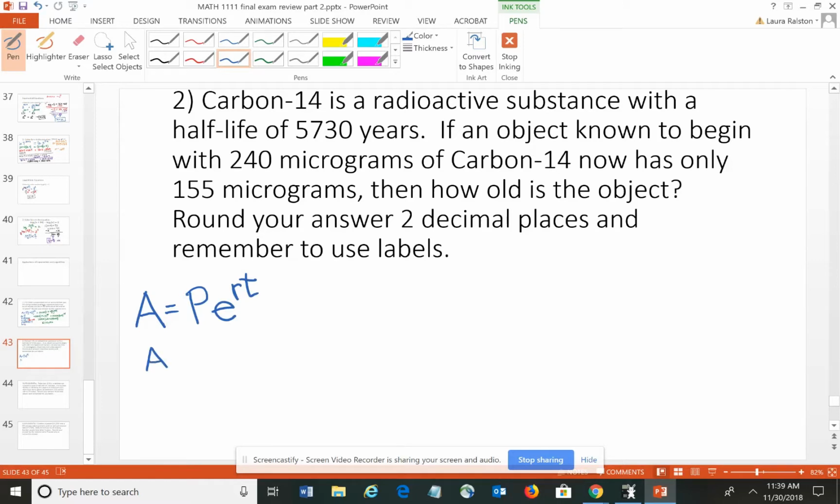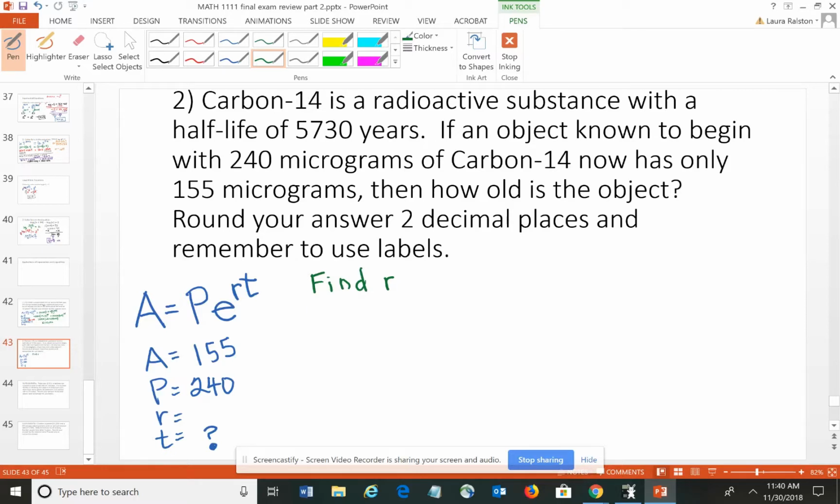And in this problem, if I look at it initially, I'm a little bit at odds, because I know that we start with 2,040 micrograms and we're going to end with 155, and we're trying to figure out how old, so that's t, but I'm actually also missing r. But I have enough information that I can find r, so I have to do that first. I have to figure r, which is the rate of decay, or the decay rate.